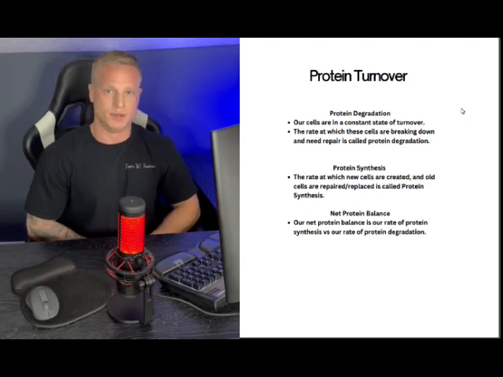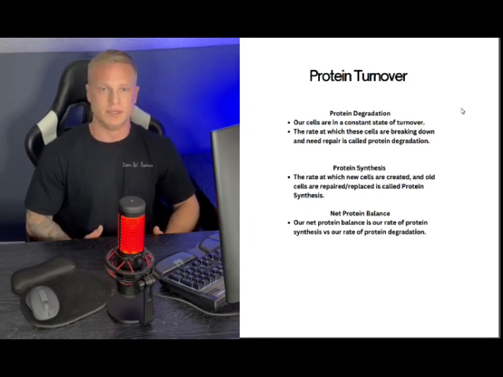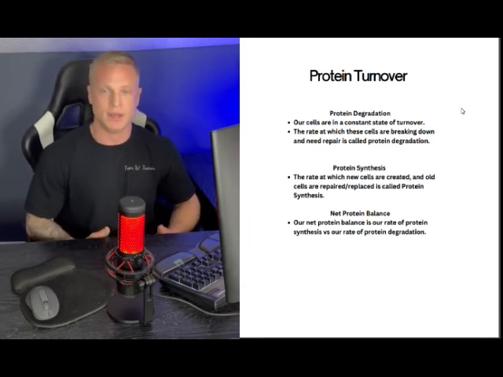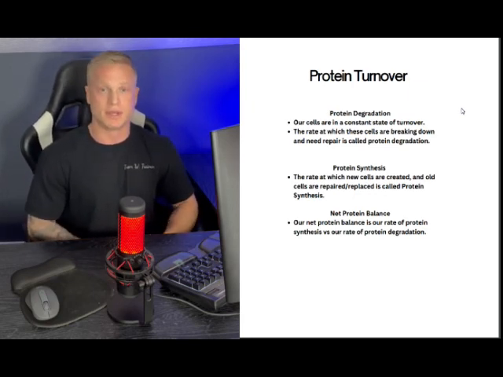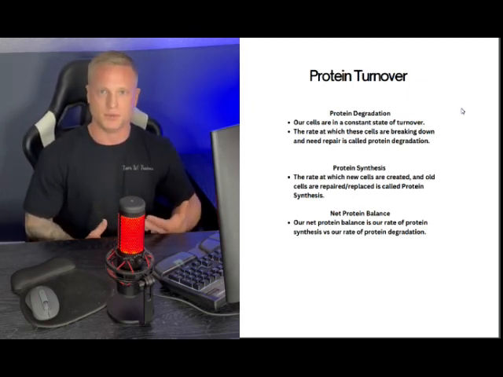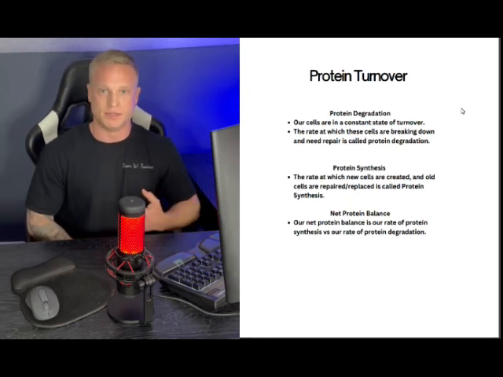Organ tissue actually has the most protein degradation, so our organ tissue continuously needs protein, as well as muscle tissue. Muscle and organ tissue are continuously breaking down, and we need protein to continue to repair and regenerate new cells.